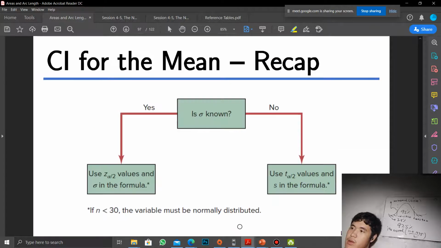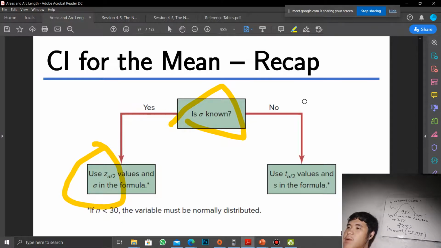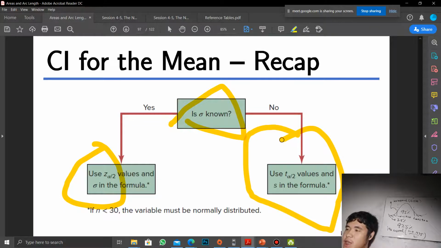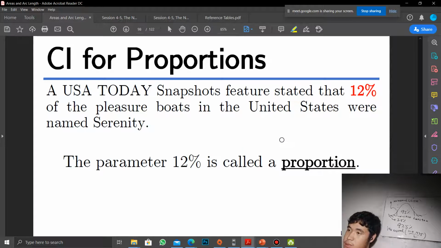And lastly, to recap lang, ayan, kapag sigma is known, use z-score and sigma. Kapag hindi alam ang sigma, use t alpha over 2 or t-score and s. Okay? And for proportions naman, basta percentage, proportion na agad yan. Okay? Kasi ratio yan, 12 over 100. It's a fraction.